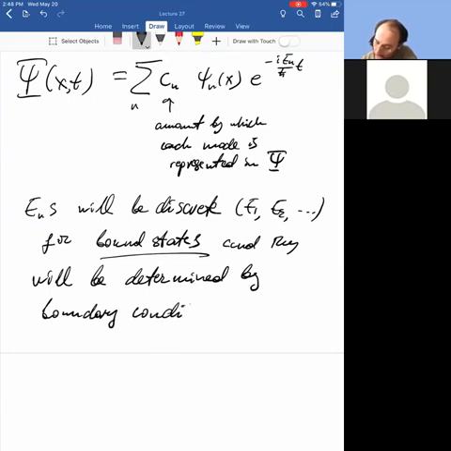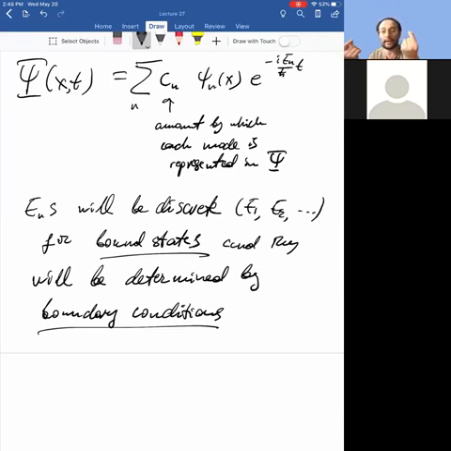Now, boundary conditions can have various forms. It's not a one size fits all. But there will be, in one form or another, some sort of information about the boundaries: what happens at infinity, what happens at zero, what happens at the wall, what happens at the nucleus, what happens at some location.